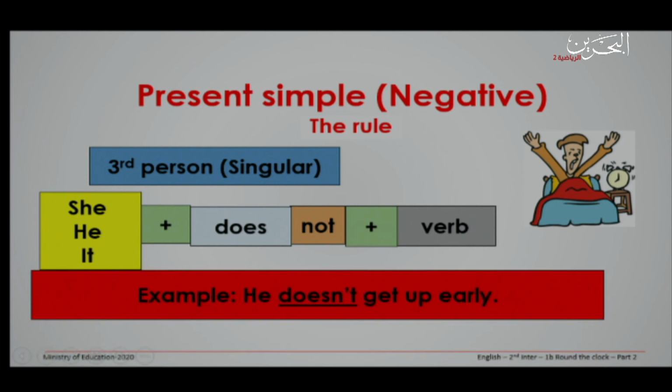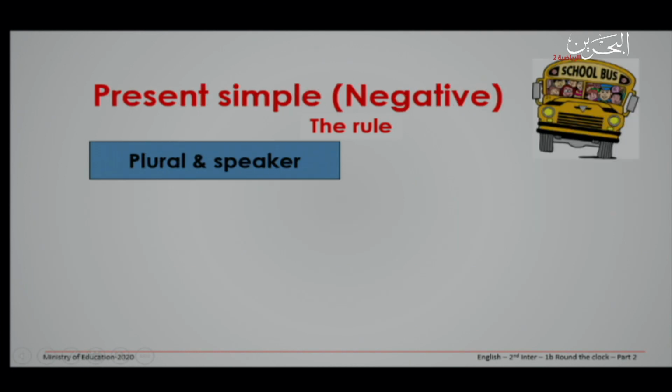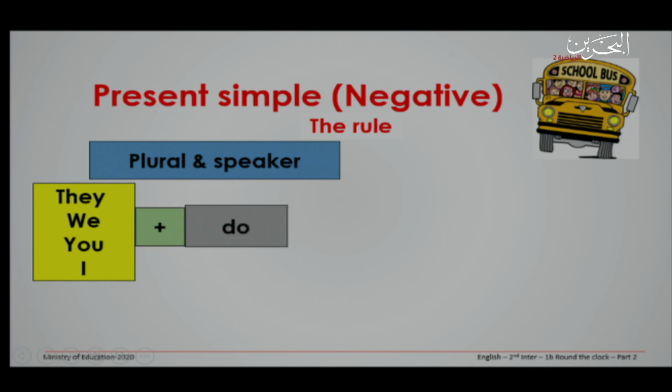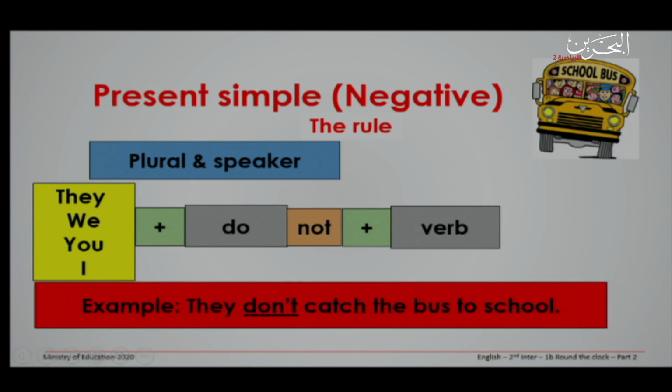For example, he doesn't get up early. In the case for plural and speaker, the pronouns they, we, you, and I are followed by do, not, plus the verb. For example, they don't catch the bus to school.